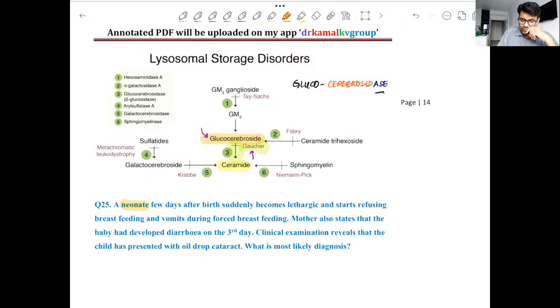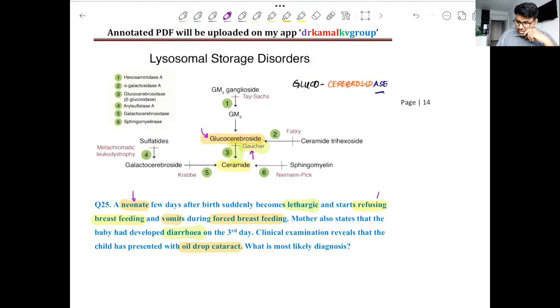Moving forward, neonate after birth suddenly becomes lethargic, starts refusal of breastfeed and vomits during forced breastfeeding. Then the child also had developed diarrhea and there is oil drop cataract. Now here, even if you don't have this word oil drop cataract, just take this point.